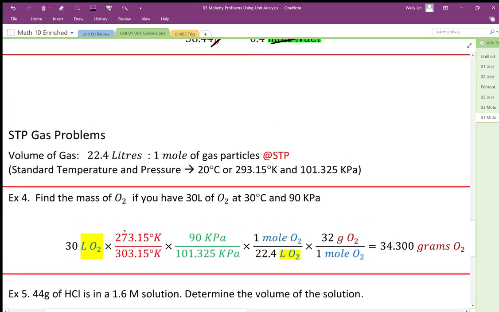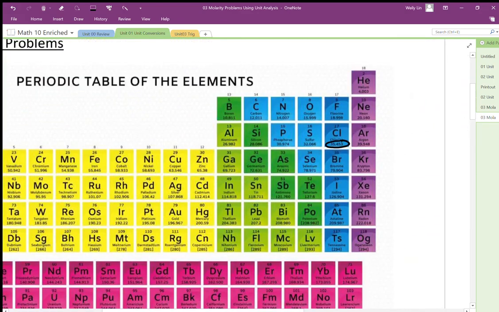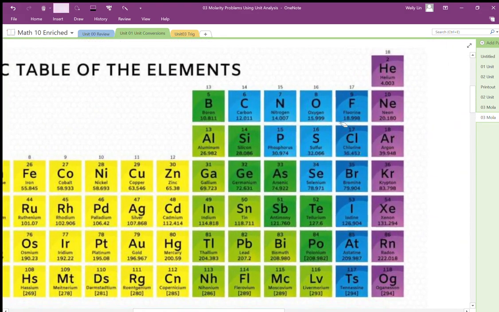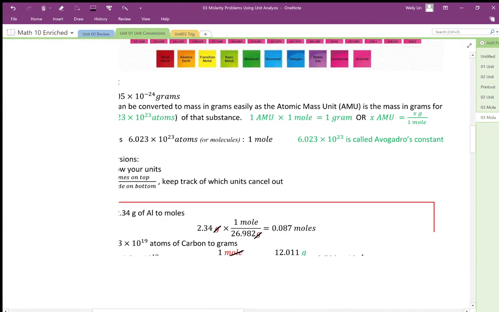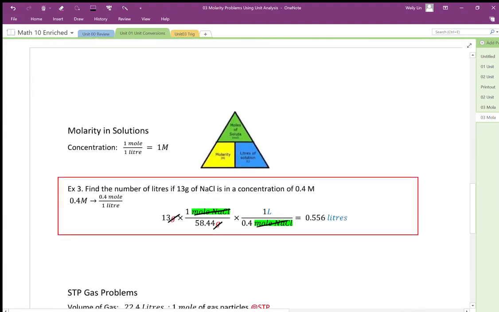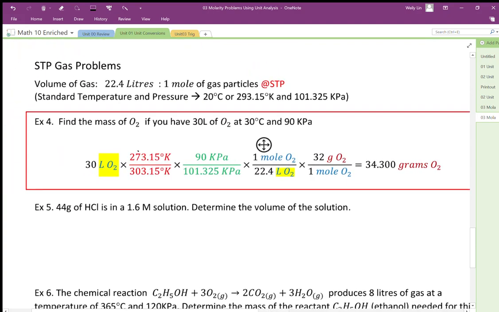We get that from our periodic table again. O2 is made up of 2 oxygens, and oxygen is 15.999, so we round that to 16, and then use that as our molar mass. So we have 32 grams per mole, and that's going to end up giving us in total 34.3 grams of O2.